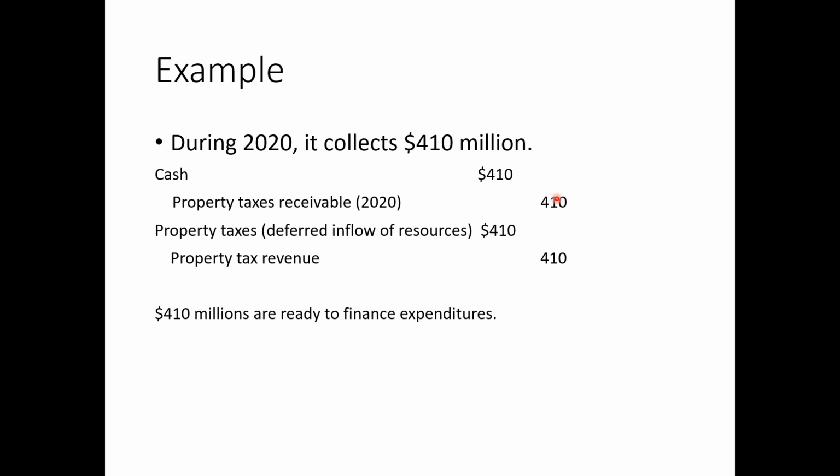And because we have received cash and it becomes available to spend, we recognize the revenue in the next journal entry: debit property tax deferred inflow of resources, and credit property tax revenues, just like we do the adjusting entry under deferred revenue. Now $410 million are ready to finance expenditures in 2020. They are available now.